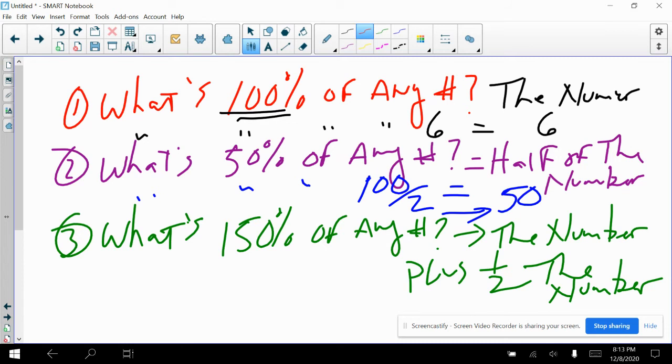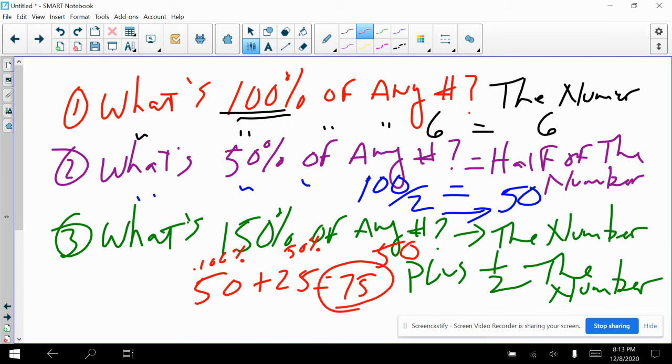What's 150% of 50? Okay, so 50 would be 100%. And if we take half of that, that would be 25%. That would be our other 50%. So here our answer would be 75. Okay, those are going to be common phrases that you're going to need to understand. Okay, I think you do. All right, moving on.